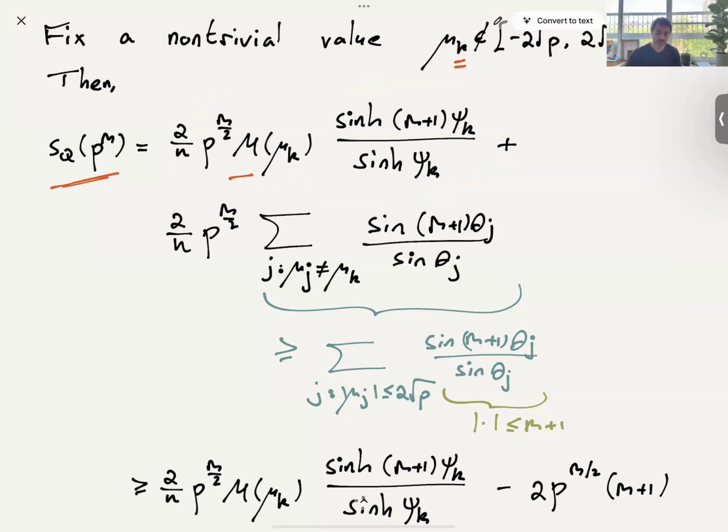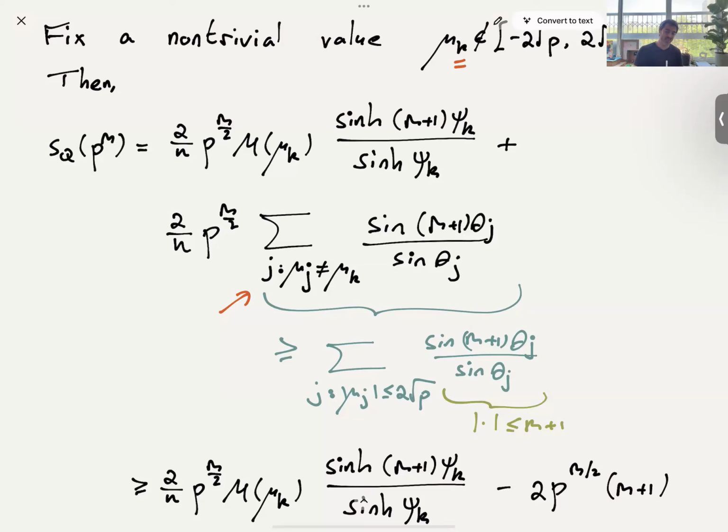And then there is also the contribution of the remaining summands, where I'm going over all j's for which mu j is not mu k. I'm keeping the sines and not going to hyperbolic sines here. And the point is that if you know what the trace method is, then this resembles that in a sense.